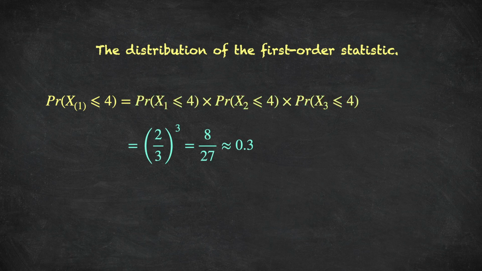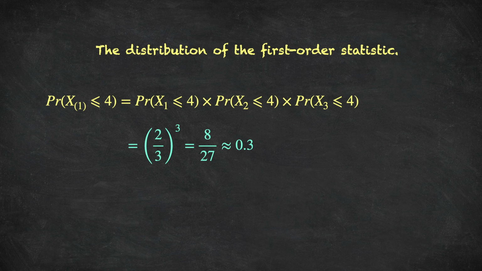Because the dice each have identical distributions, I know that the probability that each of them takes a value less than or equal to 4 is 2/3, and so I can multiply this by itself 3 times and get (2/3)^3, or 8/27, as the probability that our first order statistic is less than or equal to 4. 8/27 is just less than a third.